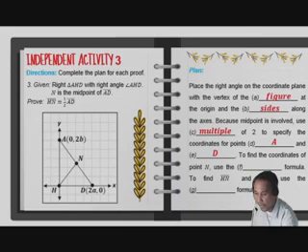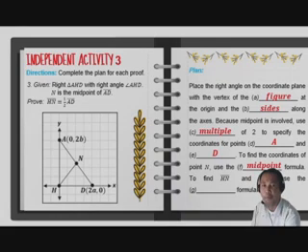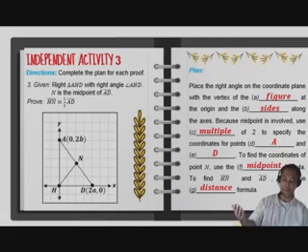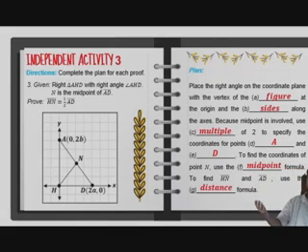To find the coordinates of point N, use the midpoint formula. And to find segment HN and segment AD, anong formula ang gagamitin? Yung distance formula. Ayan. So, I hope nasusundan. Sana nakasunod. Okay?